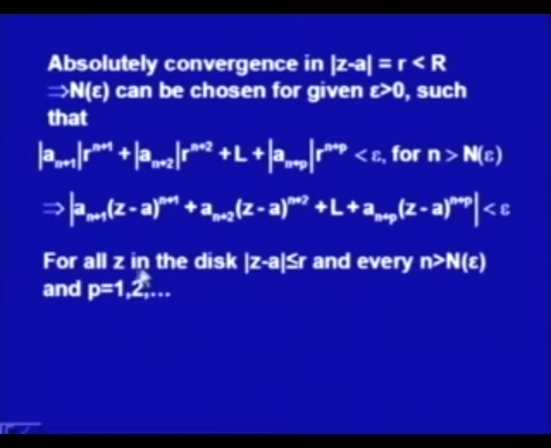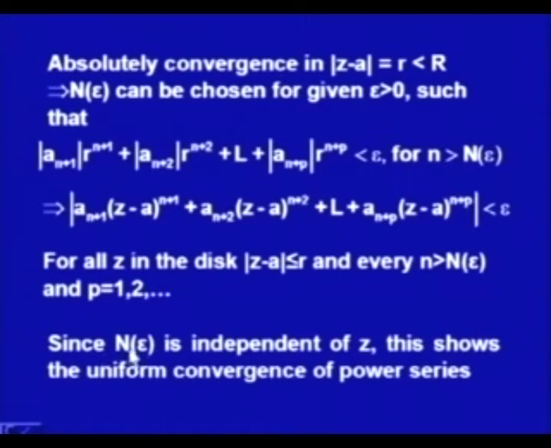So, this is true for all z in this disk |z - a| less than or equal to r, and for every n greater than n epsilon, and for p equal to 1, 2 and so on. Since n epsilon is independent of z, this follows the uniform convergence of the power series. It does not depend upon z, and the series is uniformly convergent. So, the power series is uniformly convergent.